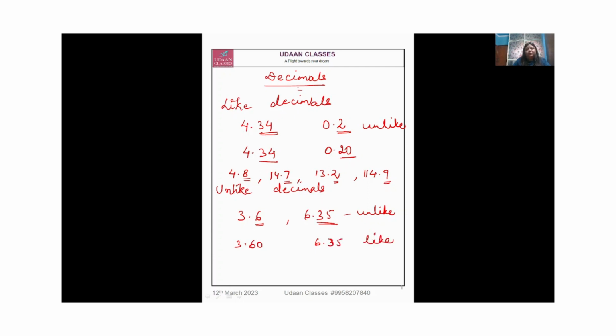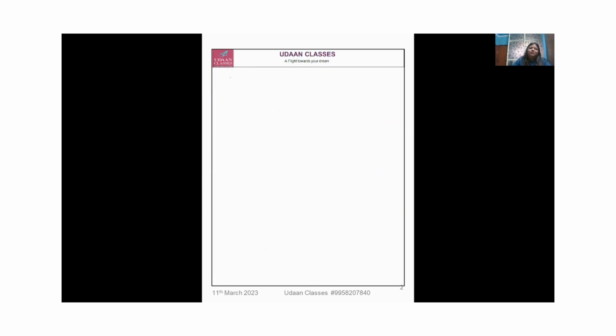I hope it is clear to you. Now, why am I telling you this? Because we need to understand the addition and subtraction of decimals. So my dear students, if I say add 1 and 4.32, many students make this mistake: they write 4.32 and 1 here, aligning them incorrectly. This is not correct, my dear students.